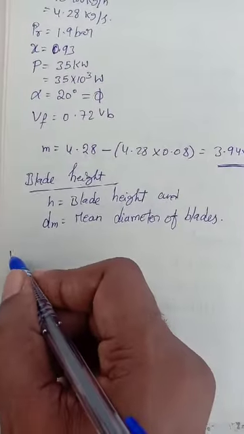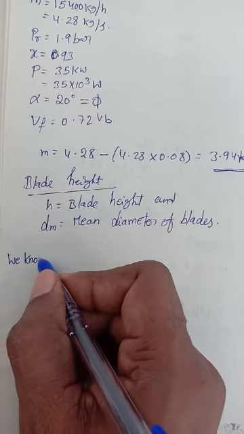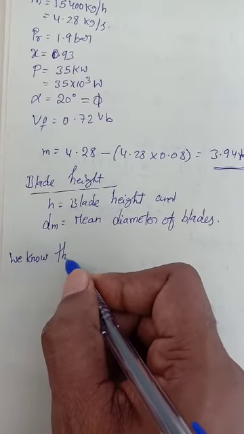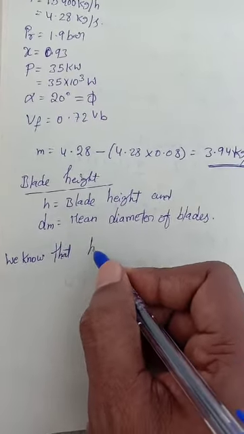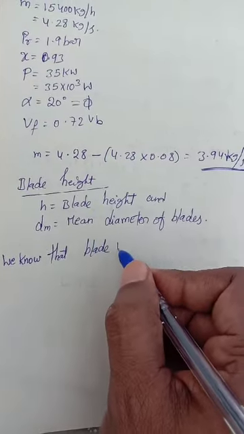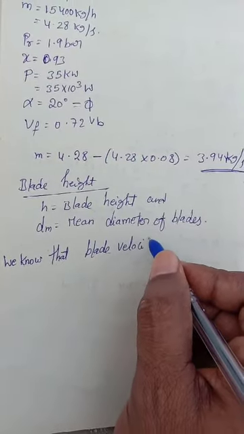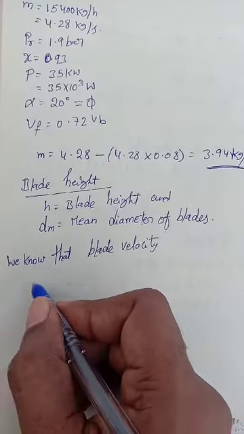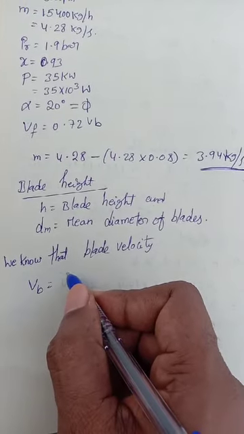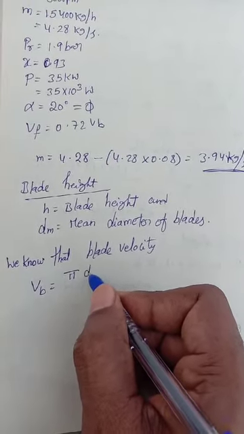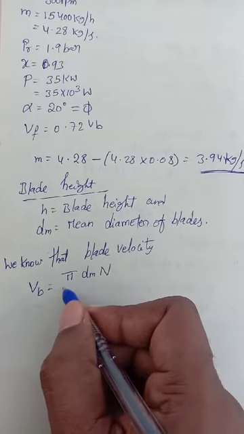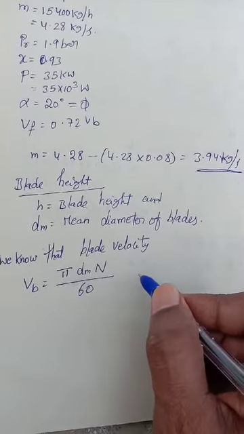Now we know that blade velocity VB is equal to pi into dm into N by 60.